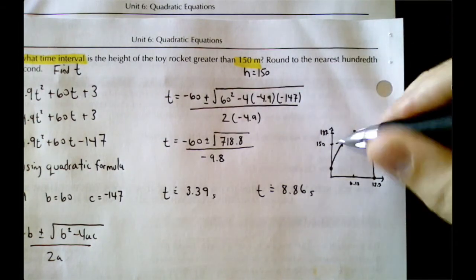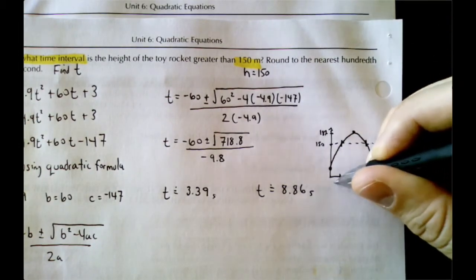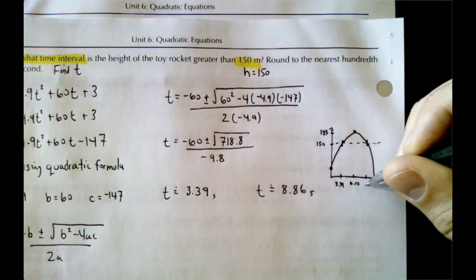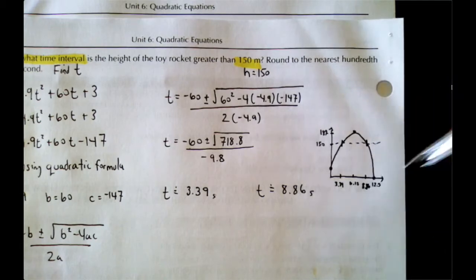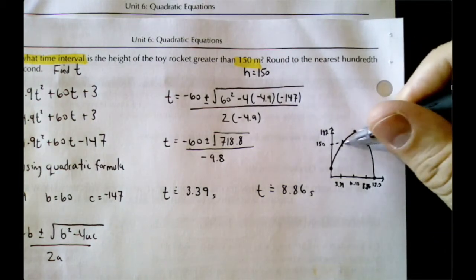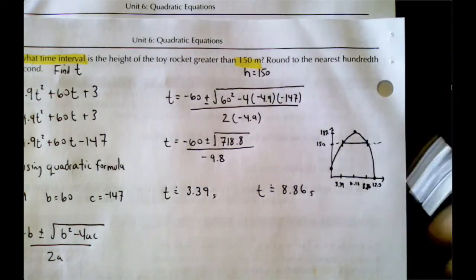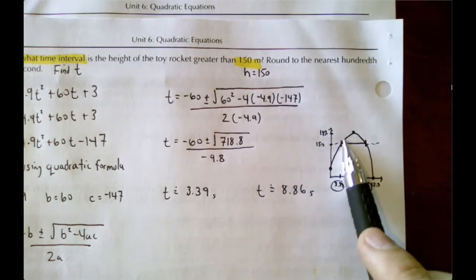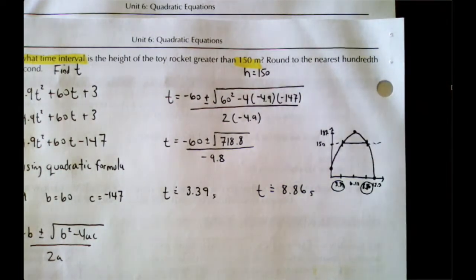Well, we just found it. These times are 3.39 and 8.86. So we just found that in between those two times, our parabola is over 150.